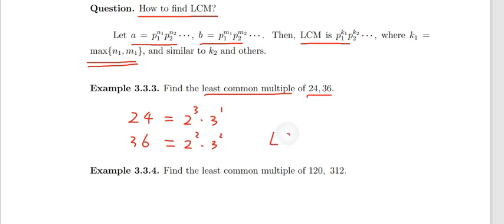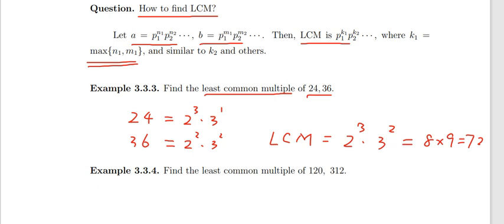The least common multiple is found by picking the largest exponent of each: 2 cubed and 3 squared. So 72 is the least common multiple of 24 and 36.